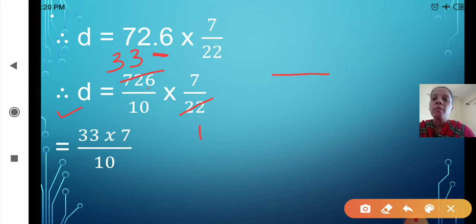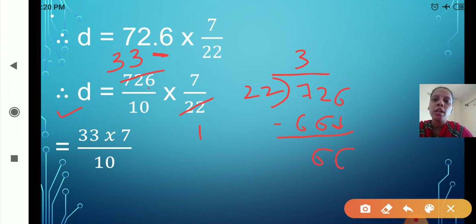You will divide 726 by 22, right? So 22 threes are 66 and 72 minus 66 is 6, and this 6 will come down, so it becomes 66.